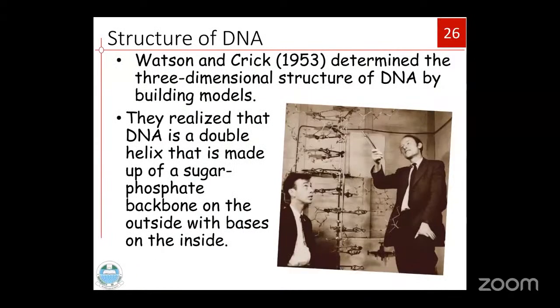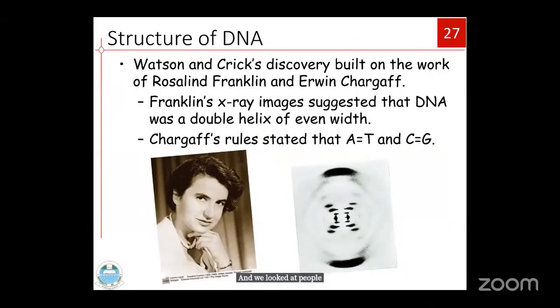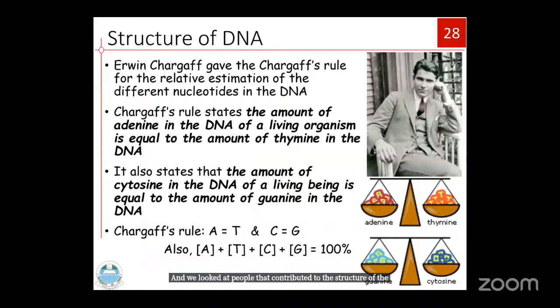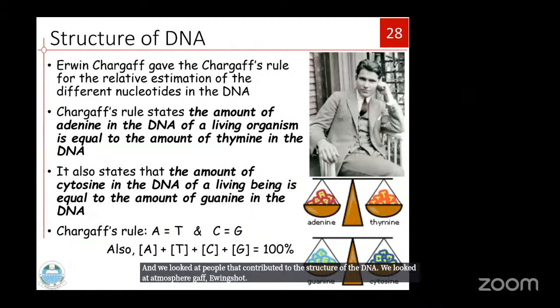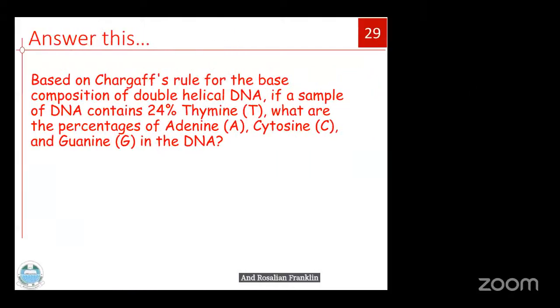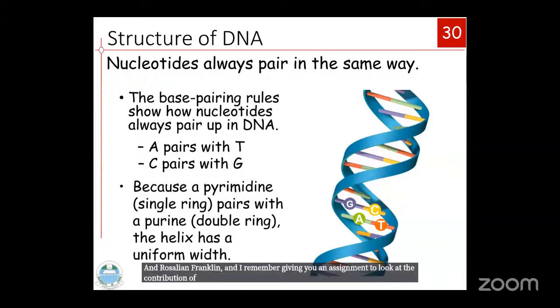We looked at the structure of the DNA as elucidated by Watson and Crick, and we looked at people that contributed to the structure of the DNA. We looked at Erwin Chargaff and Rosalind Franklin. And I remember giving you an assignment to look at the contribution of other scientists. Then we looked at the pairing of the nucleotide bases in these nucleic acids.